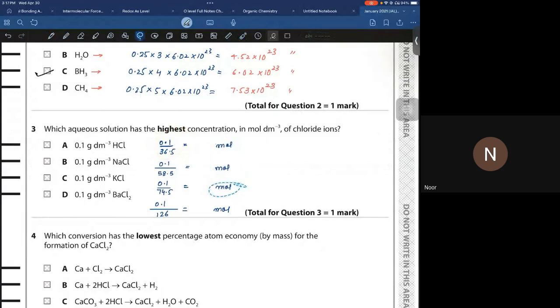0.002. For the next one, 0.0017. Okay, third one, 0.0013.